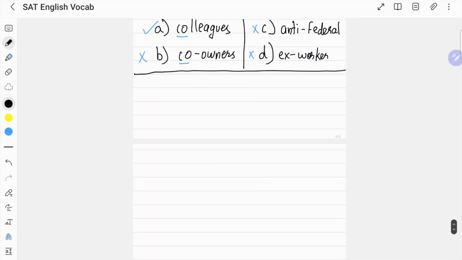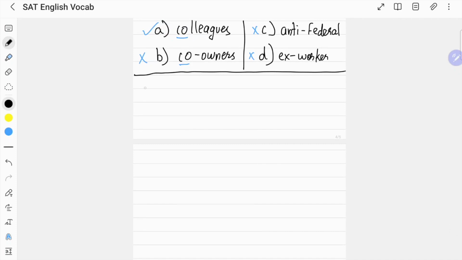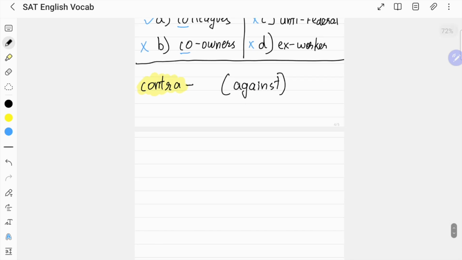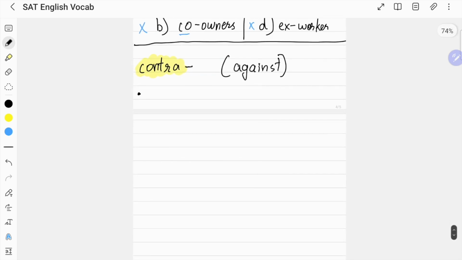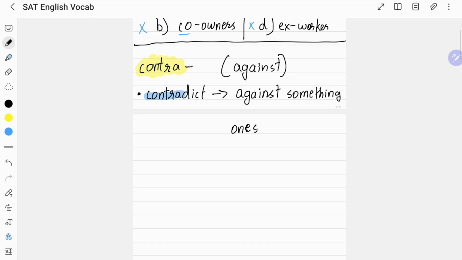Alright, so let's move on to the next root words. An easy one, contra, which means against. Let's use the word contradict. So contradict normally means against something oneself has supported.